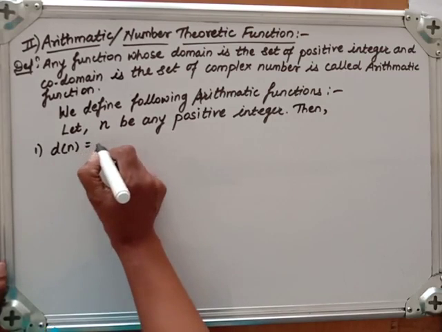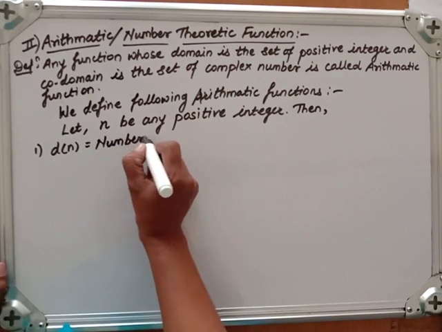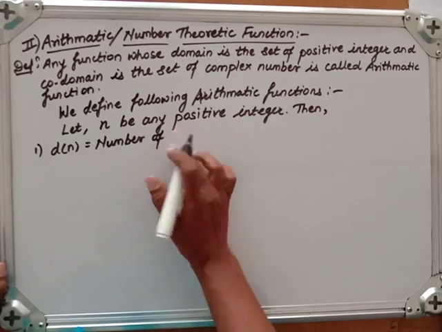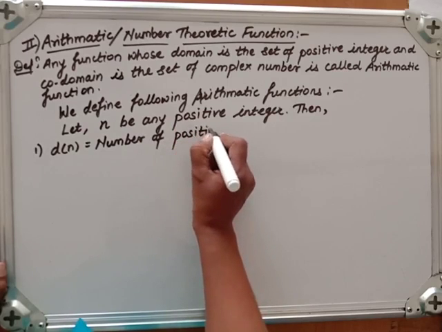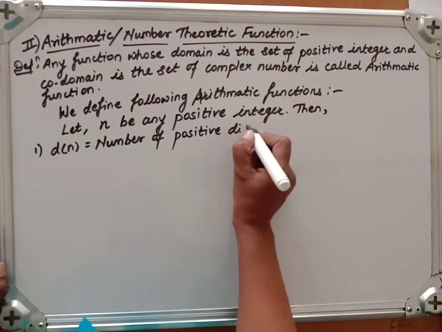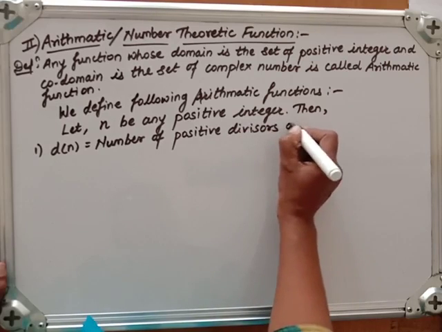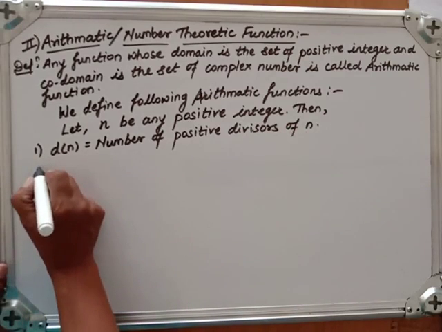d(n). What is d(n)? It is the number of positive divisors of n.